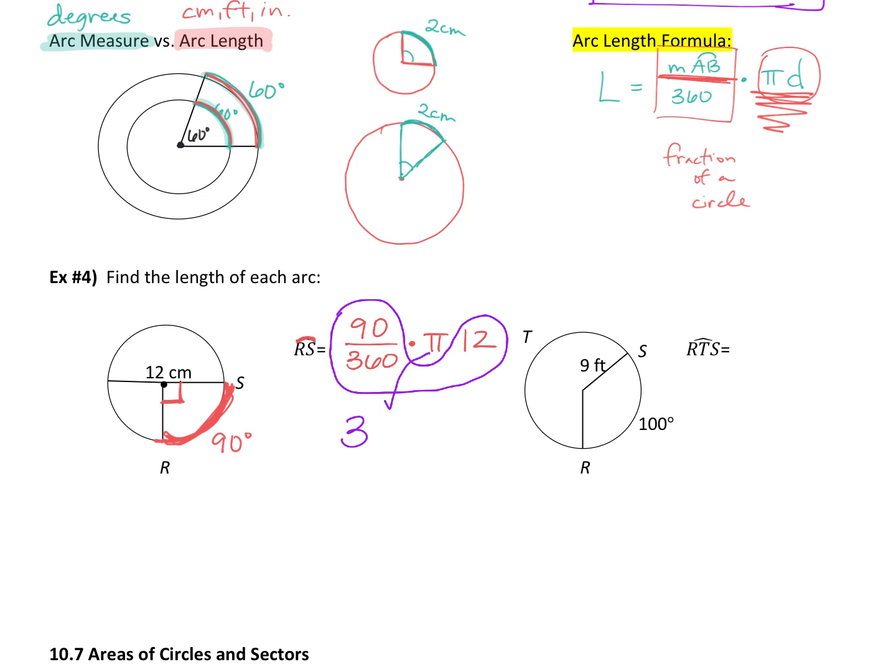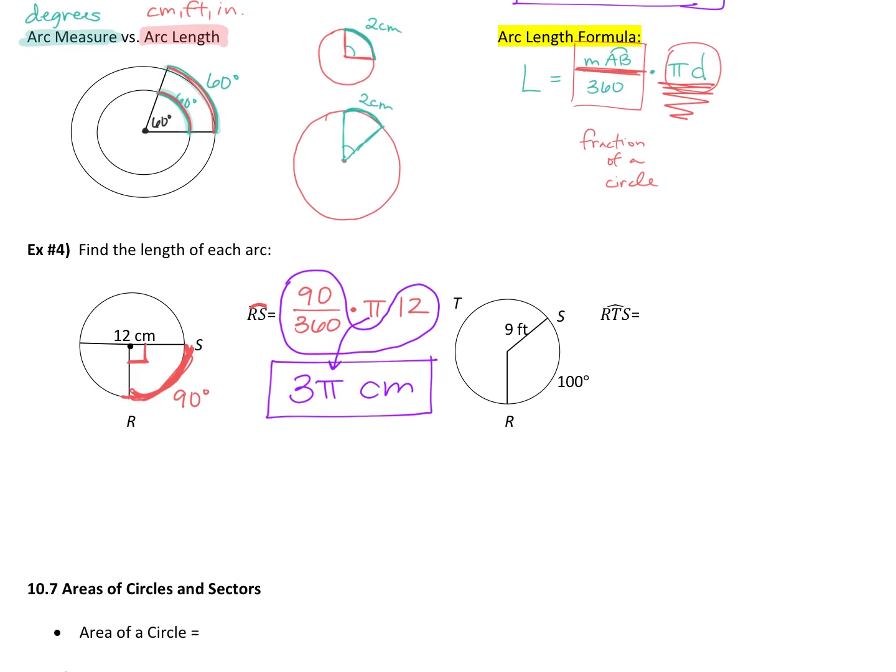Then you can drop the pi in, and it's a length, so it is 3 pi centimeters long. That makes sense? We're not going to do any of that squaring stuff this time. You don't square it because it's a length. If it was an area, then you would square it. You'll get an area formula the next day, tomorrow.